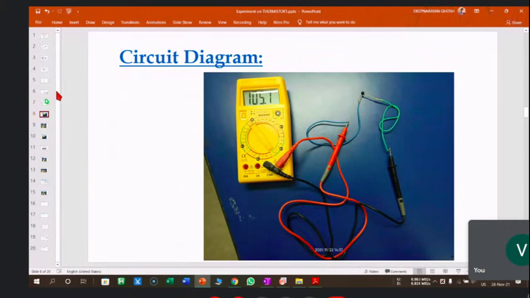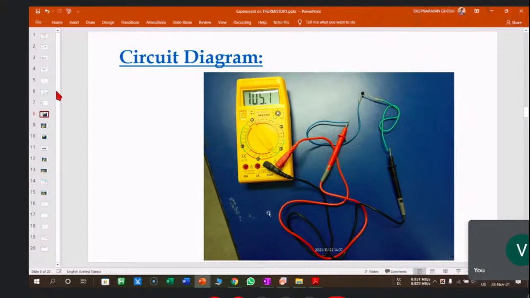The circuit diagram is very simple. The multimeter has a resistance mode, so it can directly measure the resistance of anything. We use the resistance mode and connect the thermistor to the terminals of the multimeter.